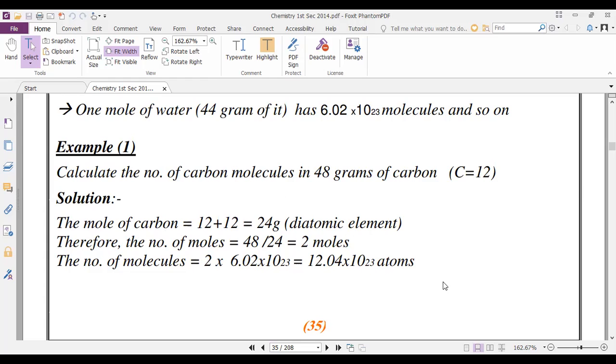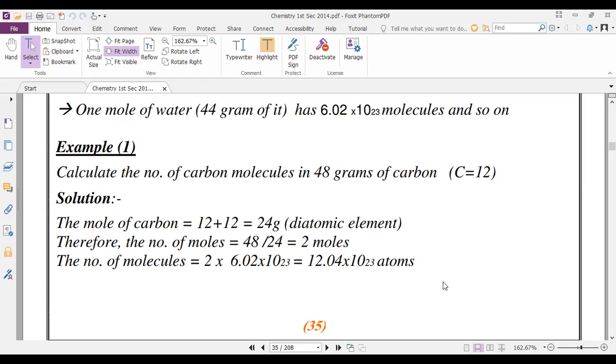Number of moles equals what? This is the first rule that we studied. Number of moles equals mass of substance divided by molar mass.